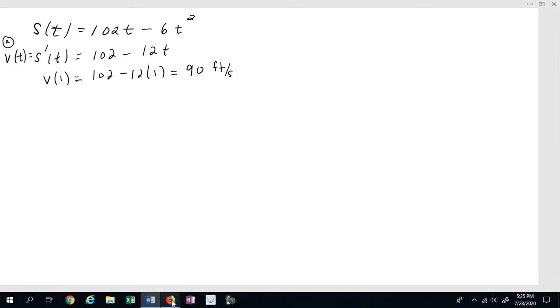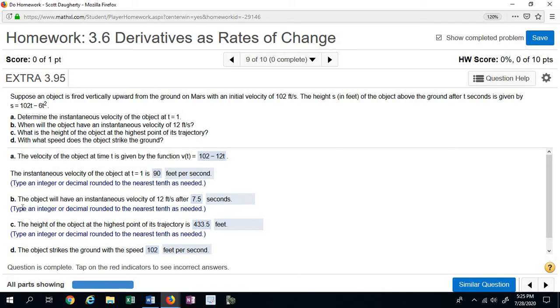Okay, now part B. For part B, we're supposed to find when will the object have an instantaneous velocity of 12 feet per second?